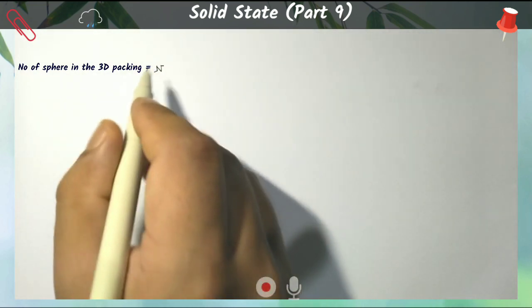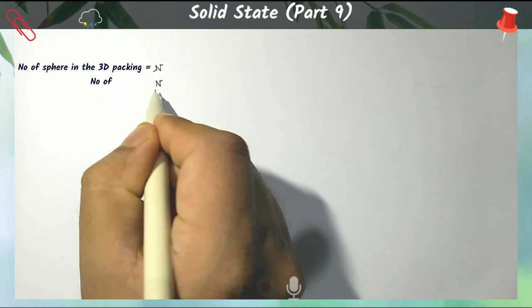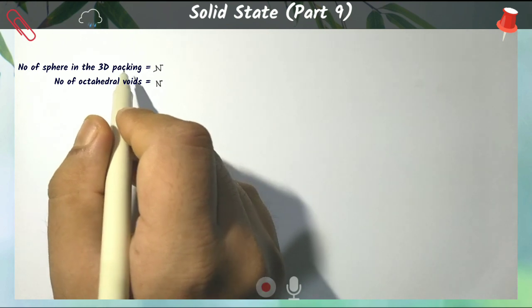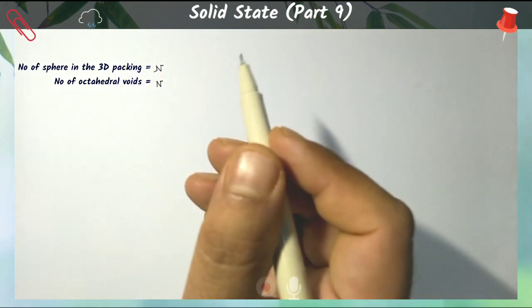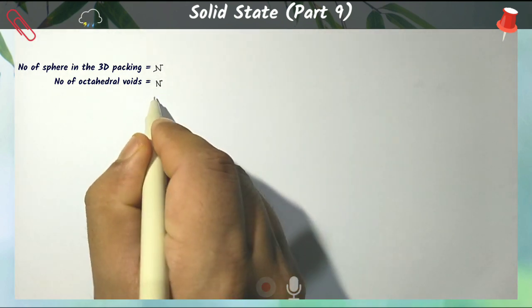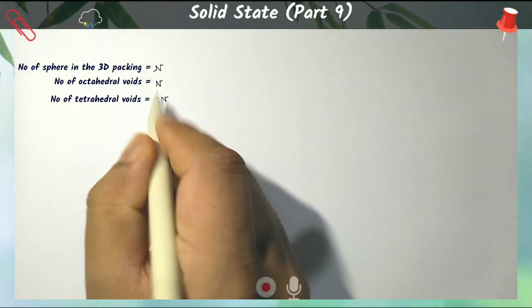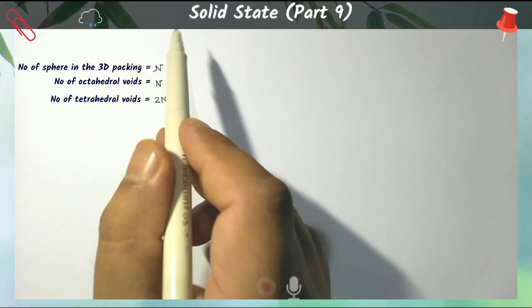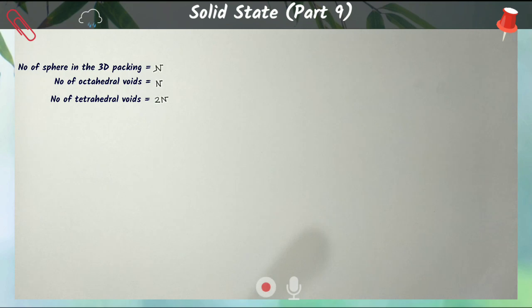That means the number of octahedral voids equals the number of atoms forming that packing structure. And the number of tetrahedral voids is double the number of atoms or spheres which produce that packing structure.